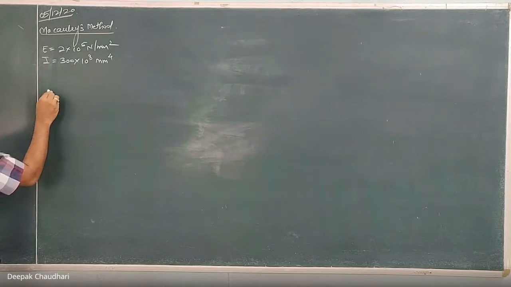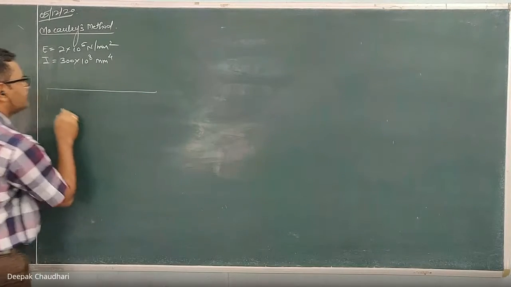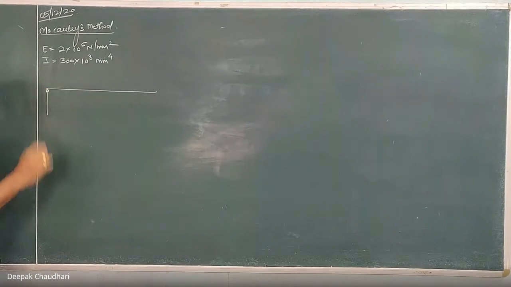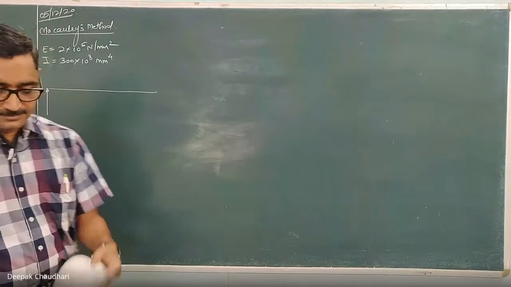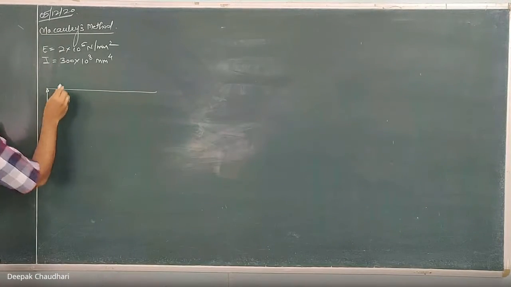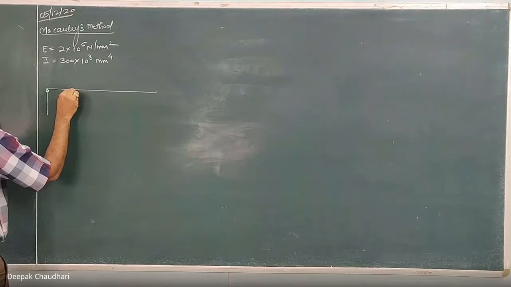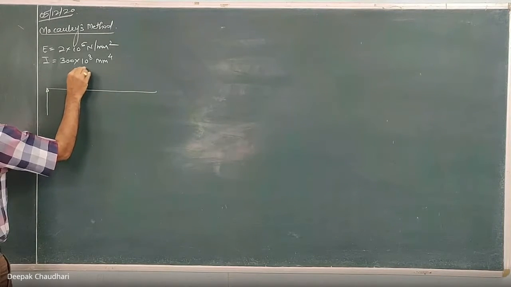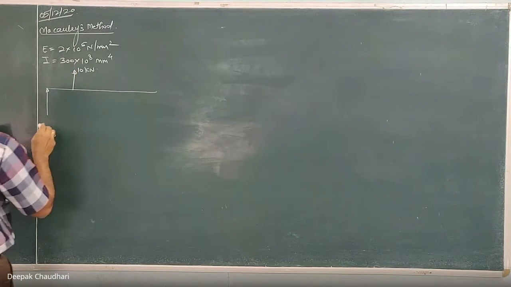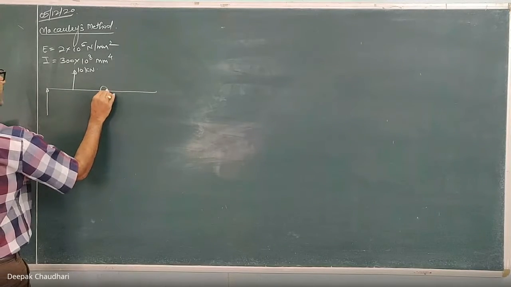So in this question, this is a simply supported beam. Here there is one upward force of 10 kilonewton. Then from this point, there is a UDL.